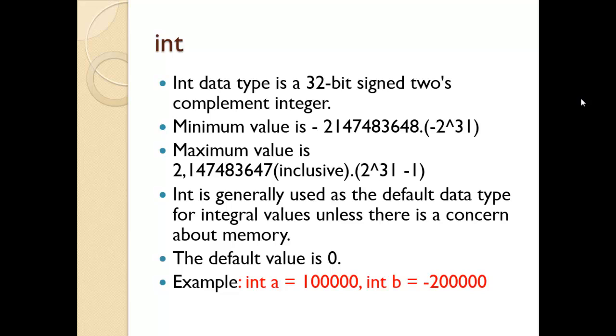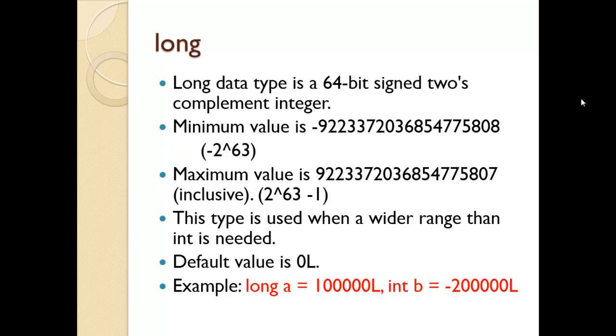The default value is 0. And the long data type is a 64-bit signed two's complement integer. The minimum value is this and the maximum value is this. This type is used when a wider range than int is needed. The default value is 0.